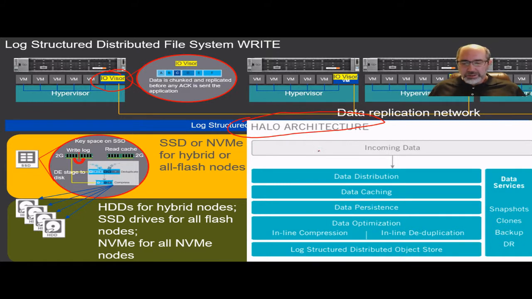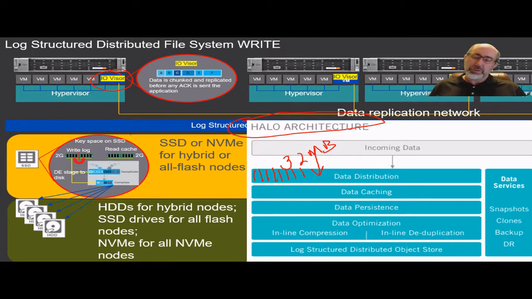So let's just take a look at it. The condition of a write. Incoming data comes into the data distribution layer. This layer is really where the meat of it is for HyperFlex. This is where all the magic happens. So when data comes into this distribution layer, before it hits disk or cache or anything like that, it is chopped up into 32 meg chunks.